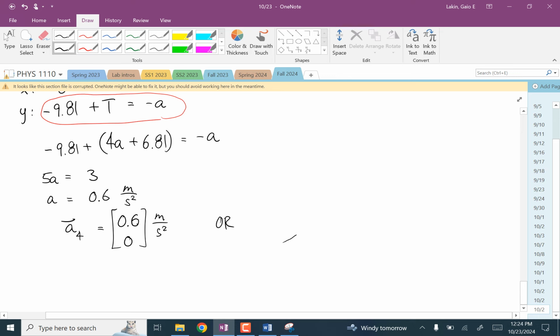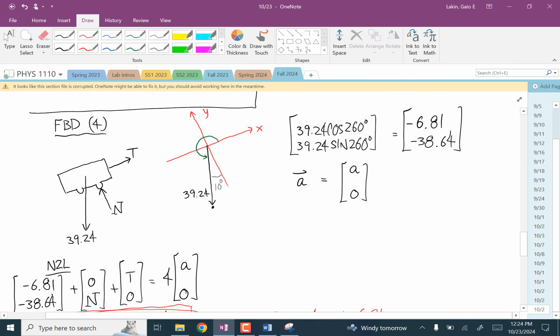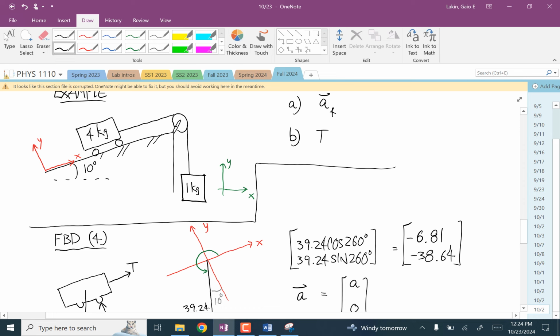Or in other words, it's accelerating up the ramp at 0.6. If I had made this ramp steeper, if I'd made it 30 degrees, it would be accelerating the other direction, but you would do the calculations exactly the same. It's just that in the end, you would get an A value that was negative.